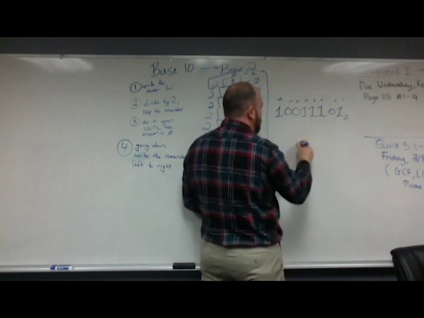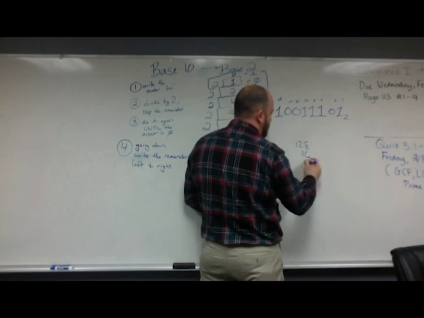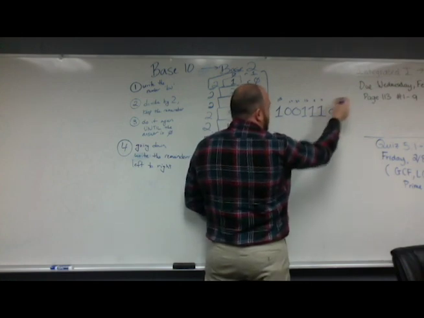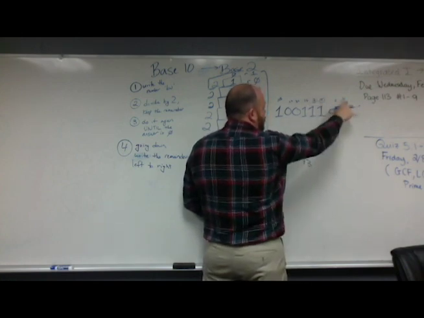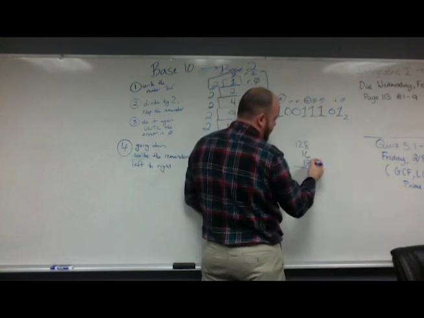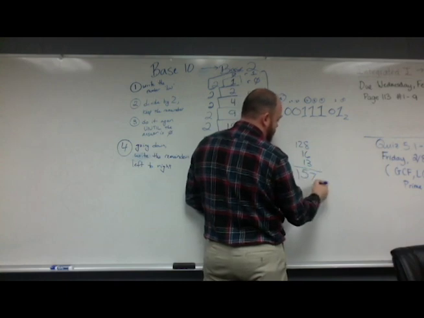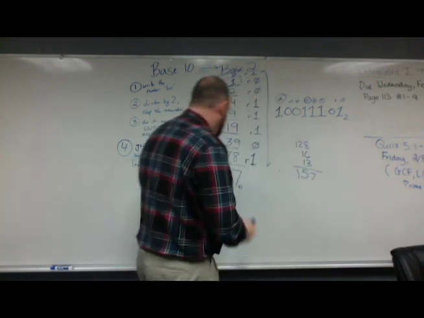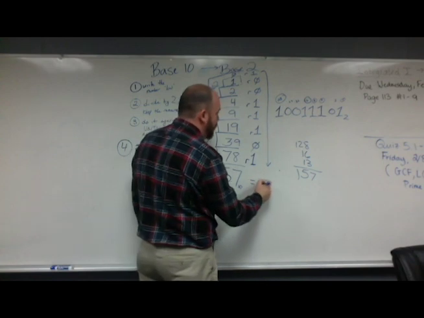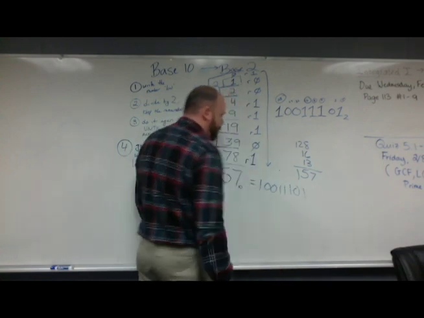And it was 128 plus 16 plus 13, right? I'm doing this one, this one, this one. That's 13 plus 16 plus 128, and I get that nice number of 157.